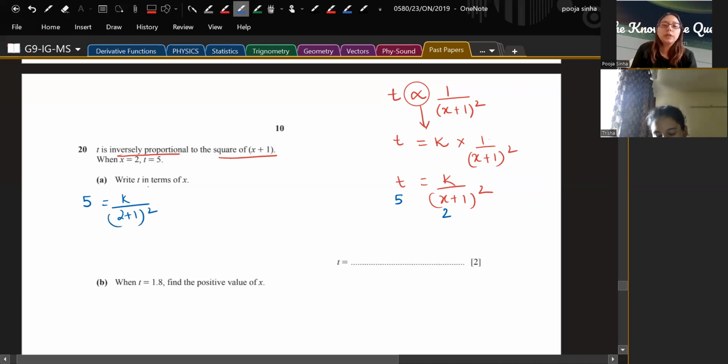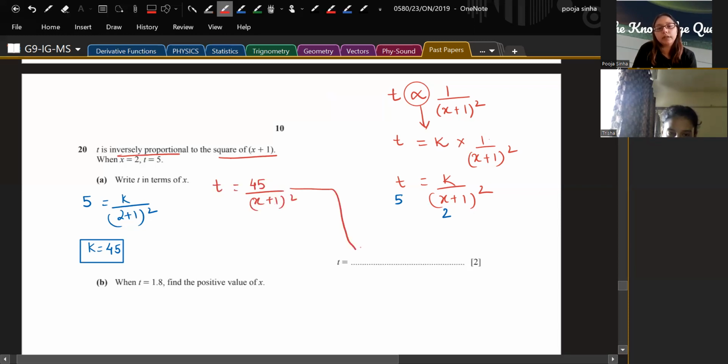Yes. 2 plus 1 is 3, and 3 square is 9. So k is equal to 45. Yes. Right? Then it says write t in terms of x. So how do I write t? I'll write t is equal to 45 upon x plus 1 whole square. That's the answer for this part.